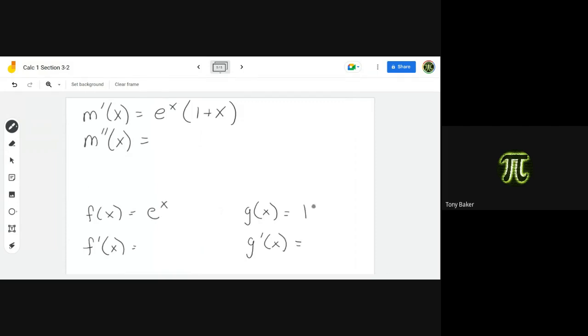G prime of x is just 1. This is why I did the factoring, so I could actually do it this way. So f of x is e to the x, and g of x is 1 plus x.